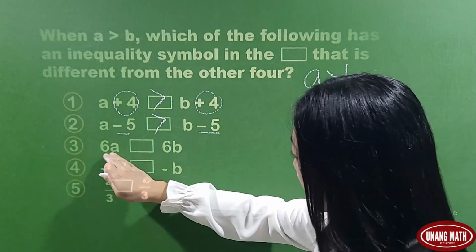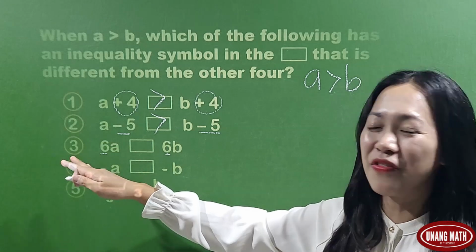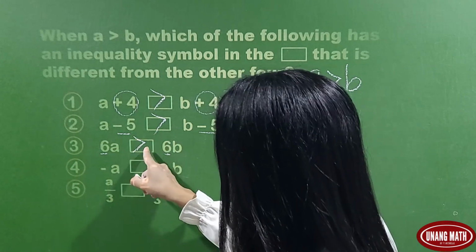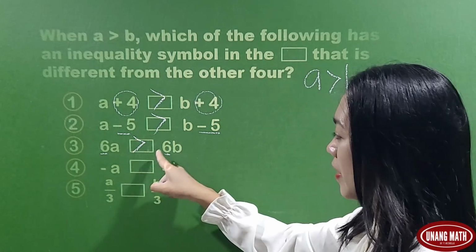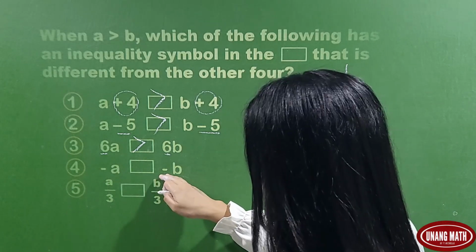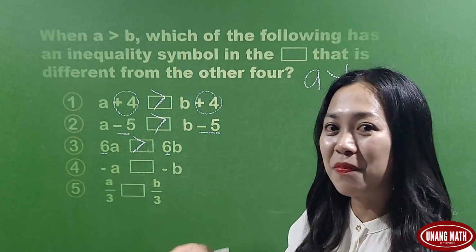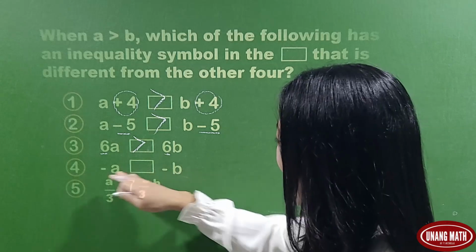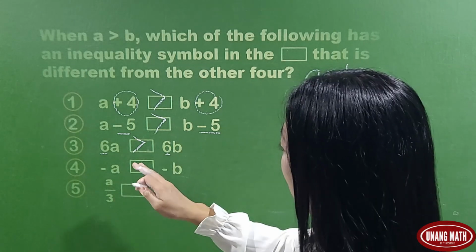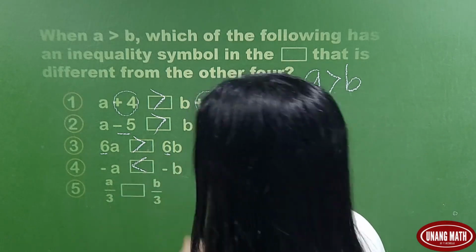What about number 3? We multiplied the same number on both sides of the inequality. So the symbol will not change. So this is still the greater than symbol. What about number 4? This is negative A and this is negative B. So it became negative. So this time, instead of the greater than symbol, our symbol now is less than.